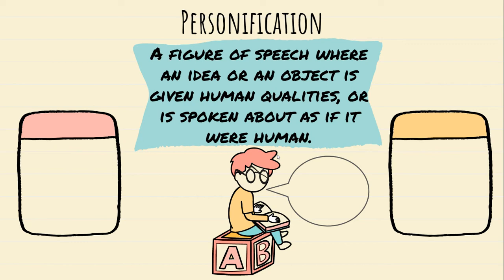Just to give you a brief example, if I told you glasses are stupid, now quite literally, can glasses be stupid? Well, no, because glasses can't think. Glasses don't have a brain, so therefore, glasses can't be stupid. So that is a figure of speech. That's a personification.